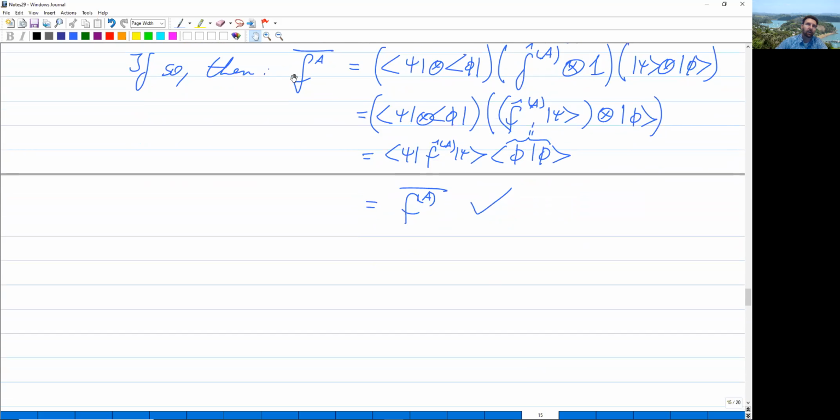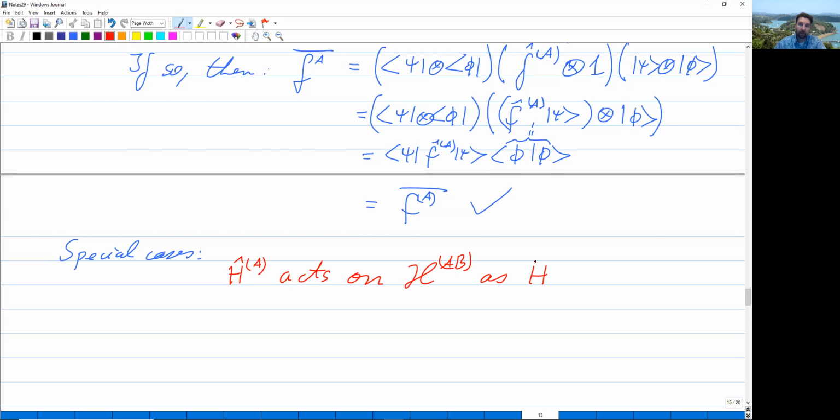Now, what about special cases of observables that are particularly important? Special cases. Let's say we have the Hamiltonian of our subsystem A. Well, this Hamiltonian acts on the Hilbert space AB as Hamiltonian first system tensor the identity, for exactly the reason that we just discussed.